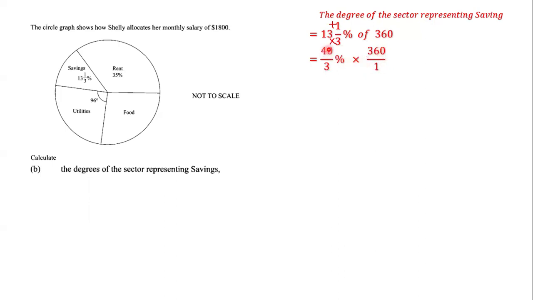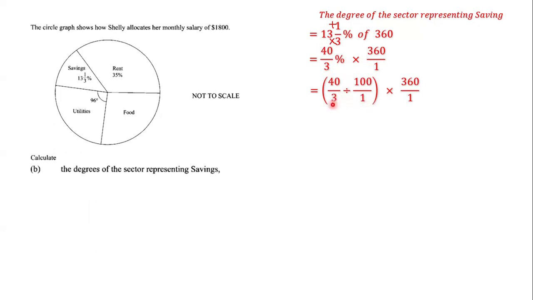Now, what is 40 over 3%? That means we have to divide this fraction, 40 over 3, by 100. So we have 40 over 3 divided by 100 over 1. Inside the bracket, we're dividing two fractions. So how do you divide two fractions?